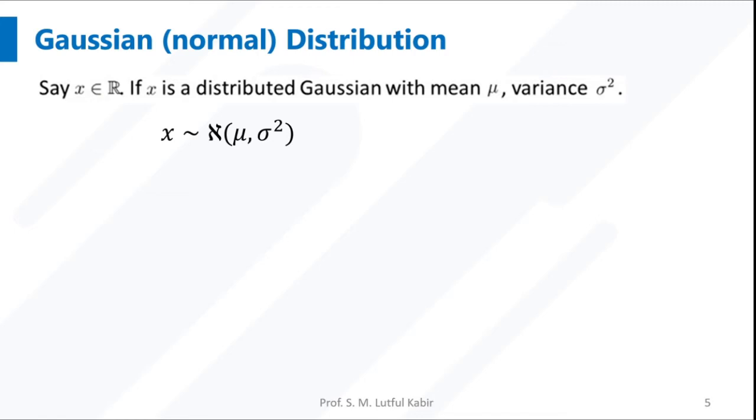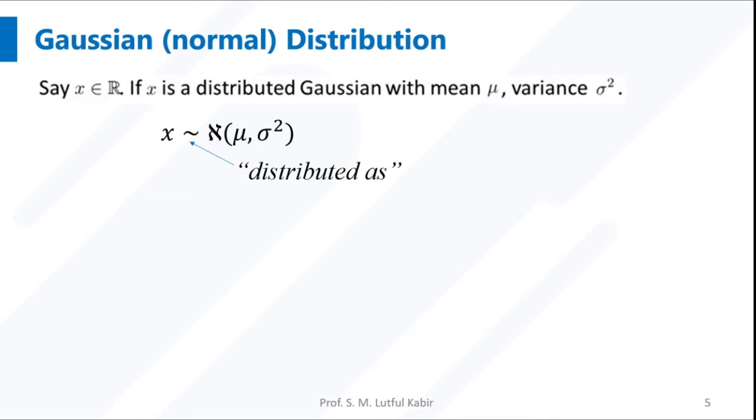This is called script N, and this symbol stands for a certain distribution of x with respect to mu and sigma square. Mu and sigma square are constants and x may be variable.